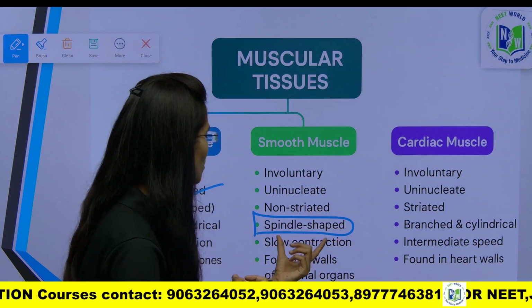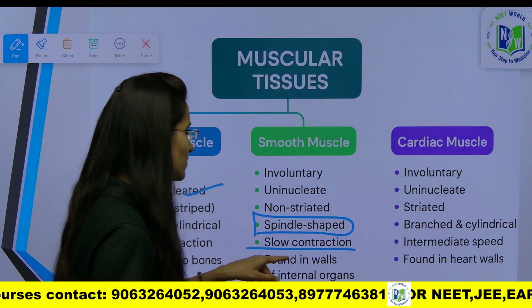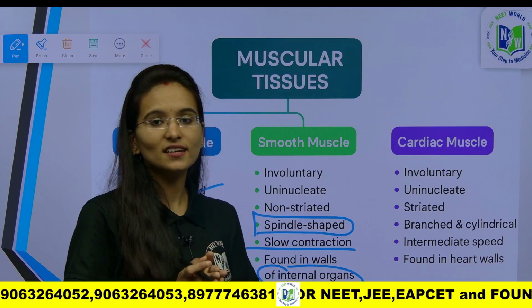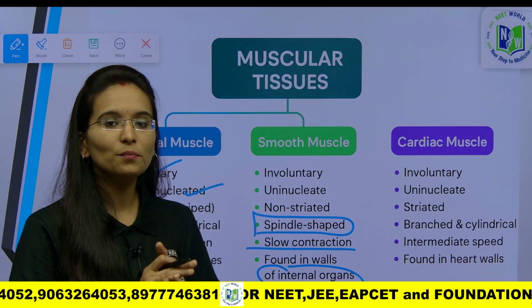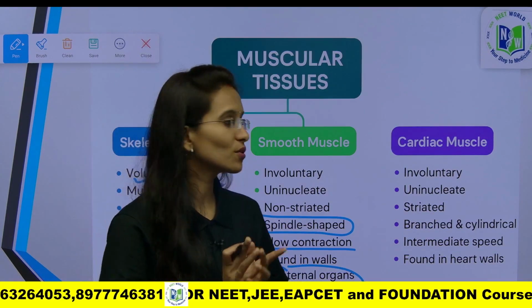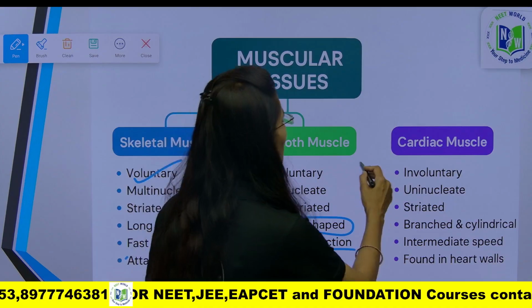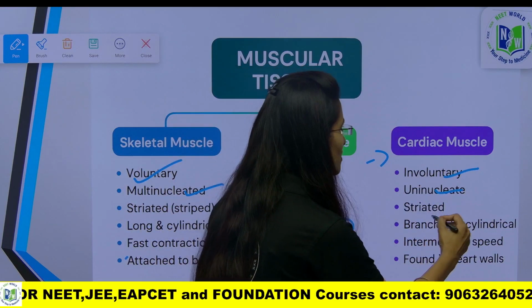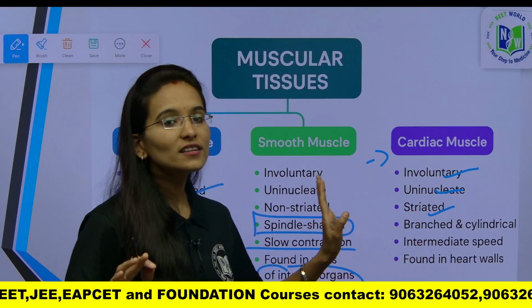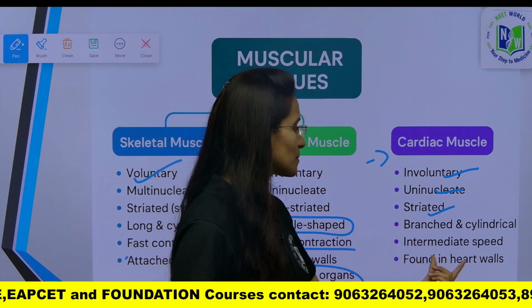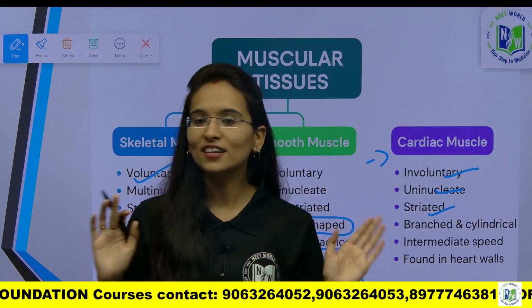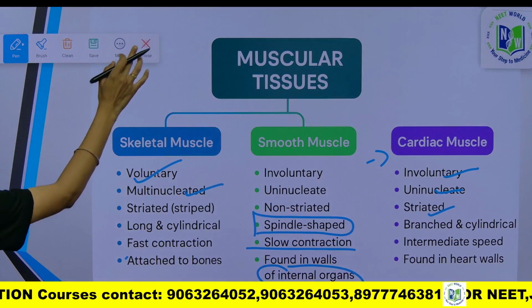It is found in the walls of internal organs like intestine, stomach, and fallopian tubes. Okay, these all are the locations. Next, coming towards the cardiac muscle, it is involuntary, uninucleate, striated, branched and cylindrical, intermediate speed, and it is just found in the walls of the heart. Clear with this concept? Yes.